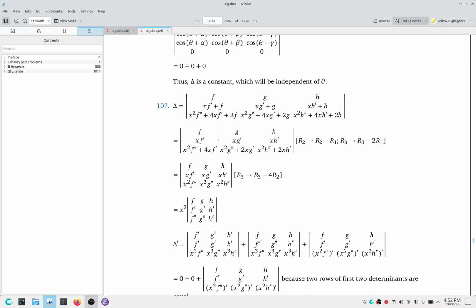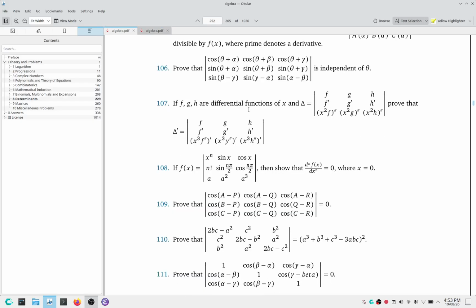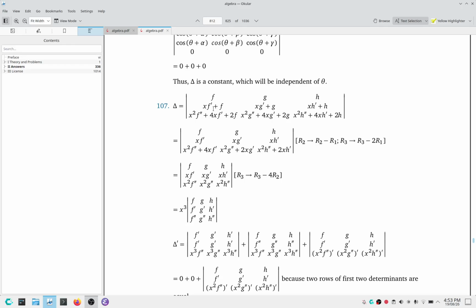So what we do here is we write delta is equal to f x f prime plus f. Okay, so f prime is what? So let's consider this function. So f prime is equal to df upon dx.